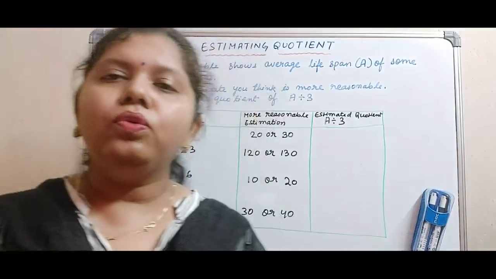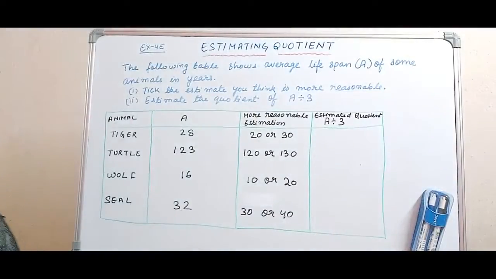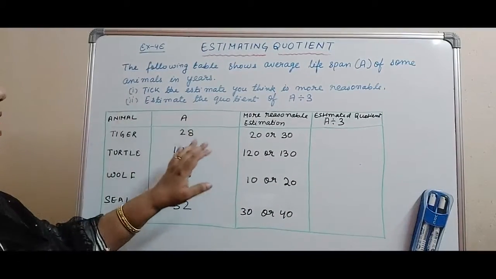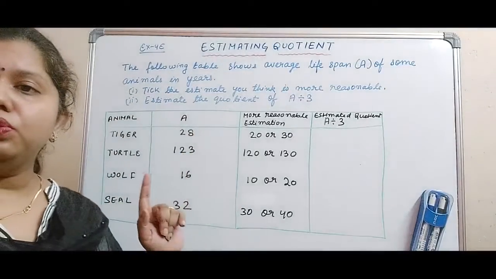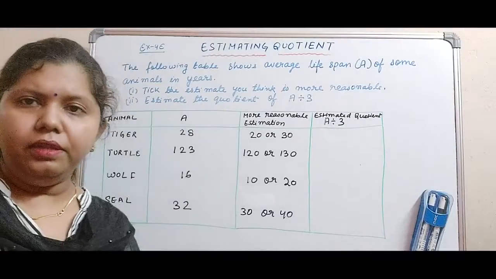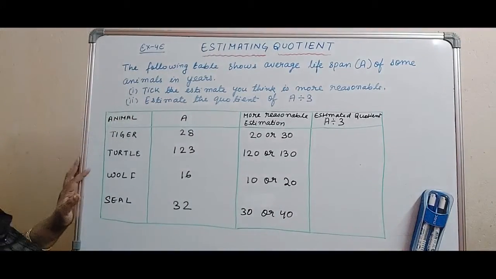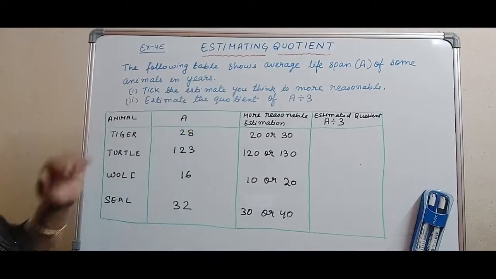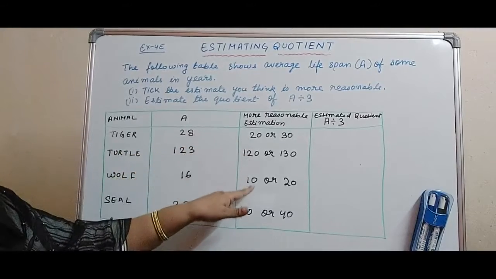Now let us come to the first question in exercise 4E. This is a table showing the average lifespan of some animals in years. I have not written the first two because their answers are already there in the book. After the first two I have started from tiger. You have to take the estimate you think is more reasonable. For every average lifespan there are estimation options.